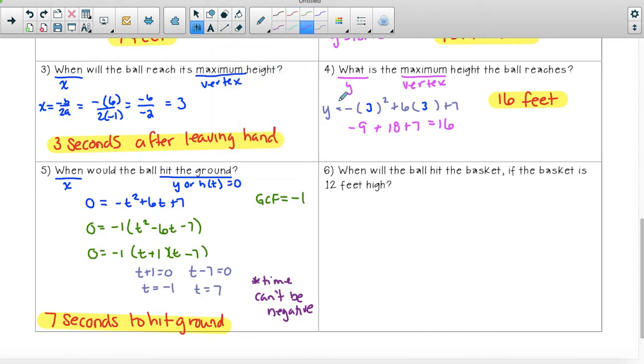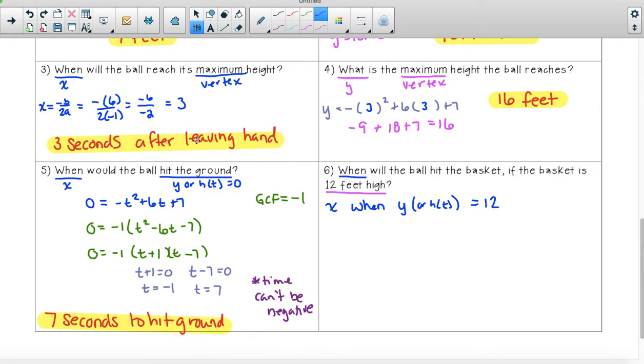Our last question says when, so again, that's an x value. When will the ball hit the basket if the basket is 12 feet high? This tells us that we have 12 feet. The question is really asking x, when, y, or h of t equals 12.